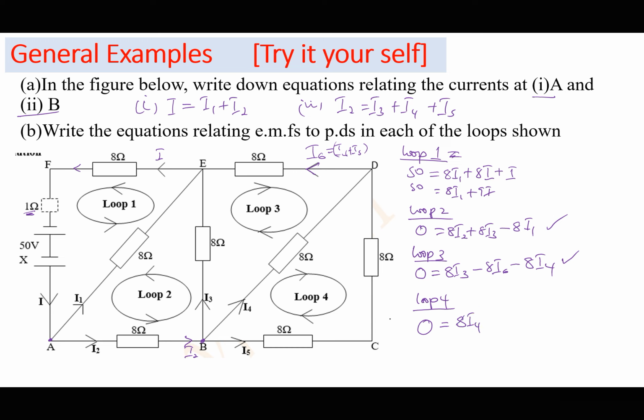D to C, the current is I5 and is in the opposite direction to the loop, so this is negative 8 I5. Then C to B, the current is in the opposite direction to the loop, so it will be negative 8 I5. I think that is all, so that will be the equation.